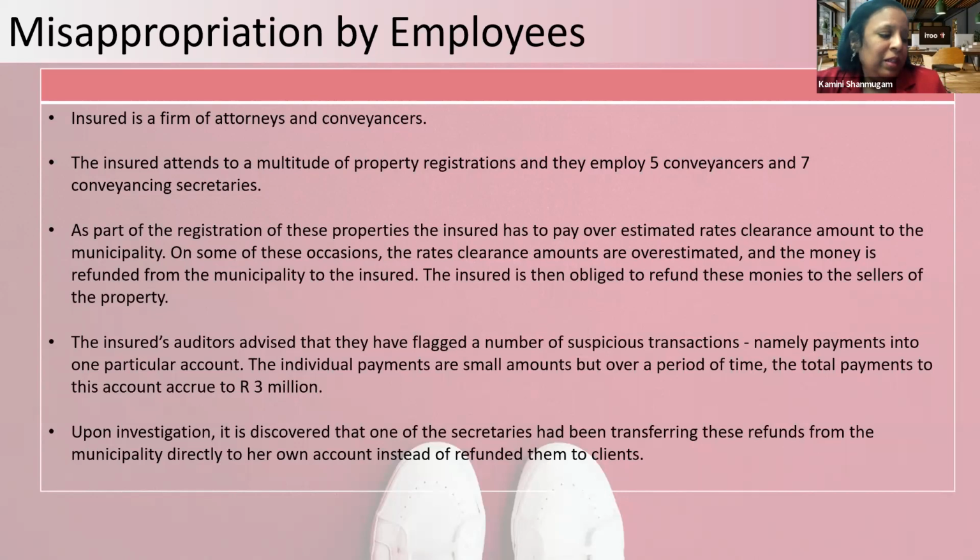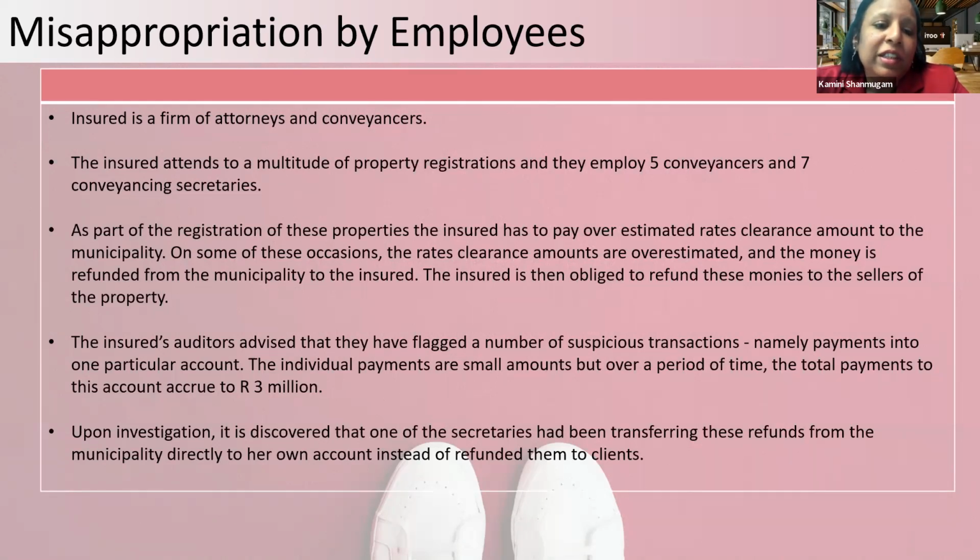I'm just going to go quickly through this misappropriation example. Fiso will be able to give you more information on the extent of misappropriation cover that we give, but as far as I understand, it is fairly limited. Okay, so the insured is a firm of attorneys and conveyancers. The insured attended to a multitude of property registrations, and they employ 5 conveyancers and conveyancing secretaries.